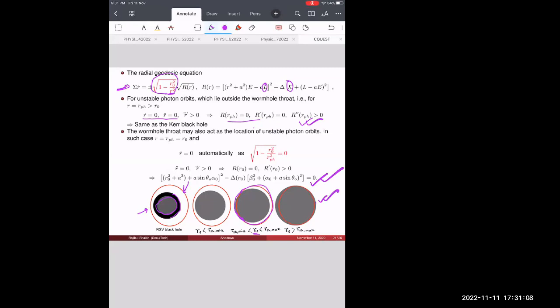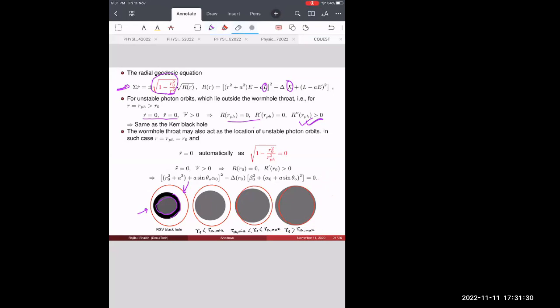And in this case the wormhole throat is greater than the maximum possible value of the unstable circular orbit radius of the exterior Kerr geometry. So here the whole shadow will be given by the unstable circular orbit radius located at the throat, that is only by this equation.